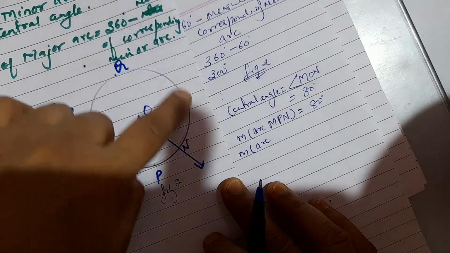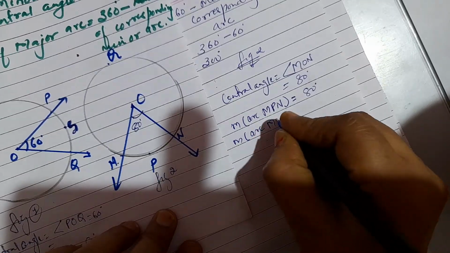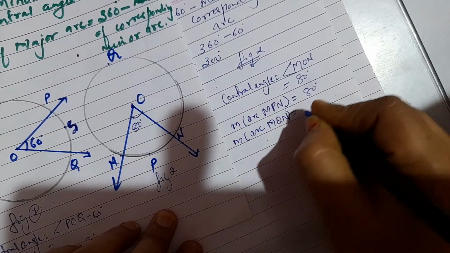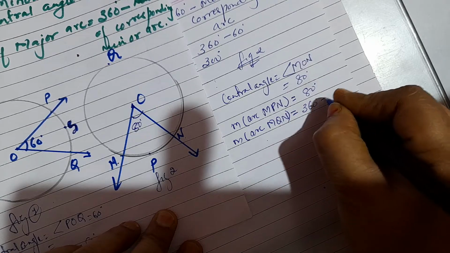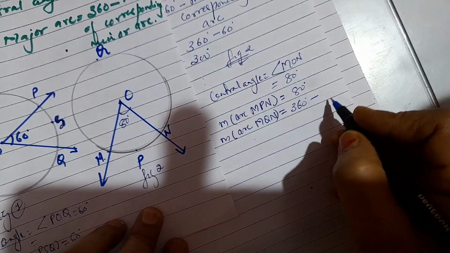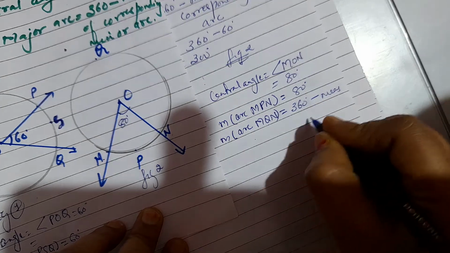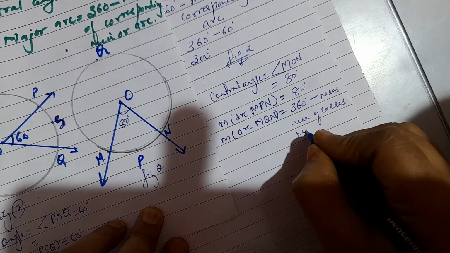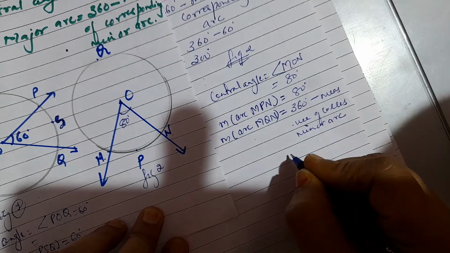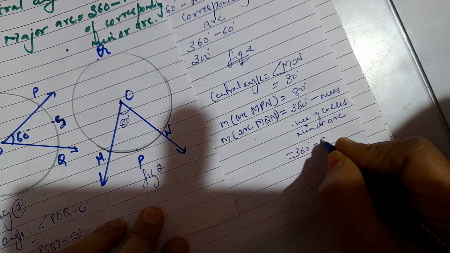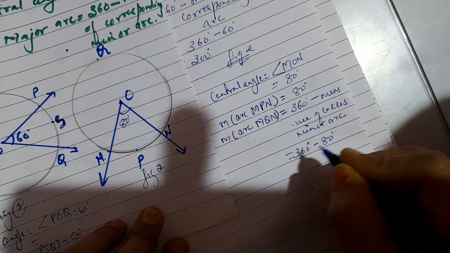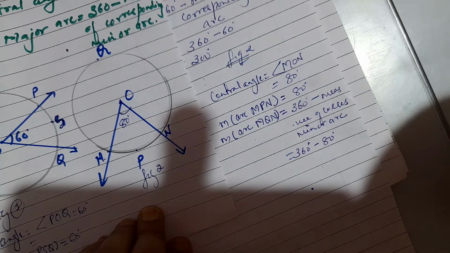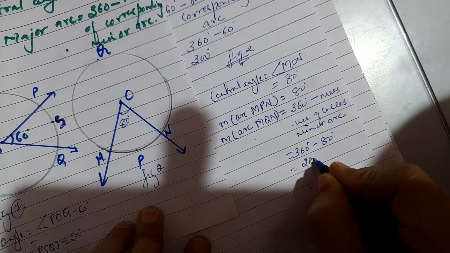MQN. Measure of arc MQN is equal to 360 minus the measure of the corresponding minor arc, and that is 360 minus 80 degree, which is equal to 280 degree.